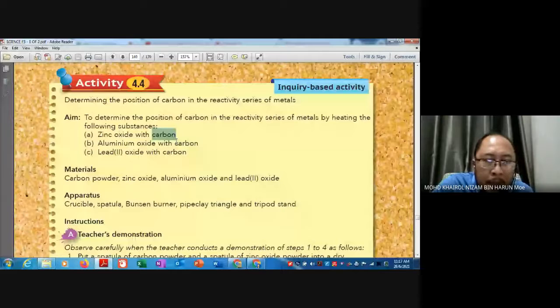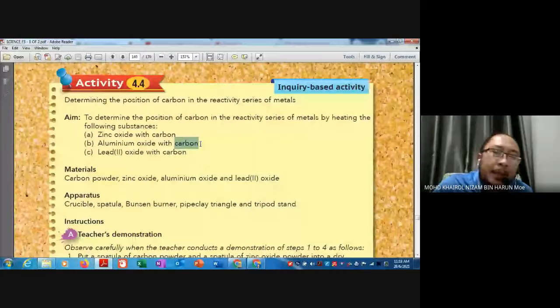And if nothing happens when we mix the compound with carbon, for example, aluminum oxide, when we mix it with carbon, we heat the mixture and then nothing happens. It means that carbon cannot react with aluminum oxide, and this means that carbon is less reactive than aluminum itself.